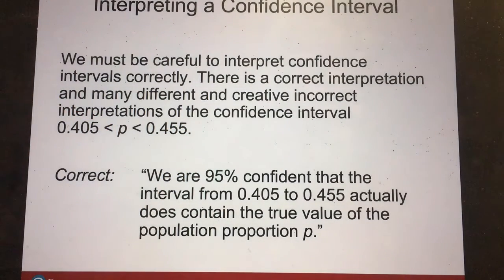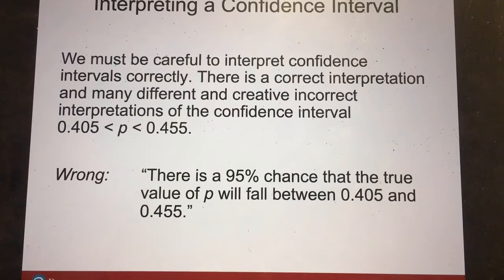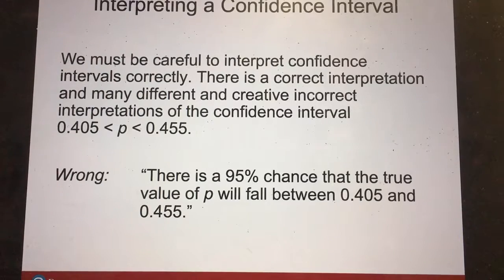Okay, so let's talk about some incorrect ways to interpret this. There is a 95% chance that the true value of P will fall between 0.405 and 0.455. There's not a 95% chance. P is P is P. It's already determined, and it's not being determined after, like, say, flipping a coin.